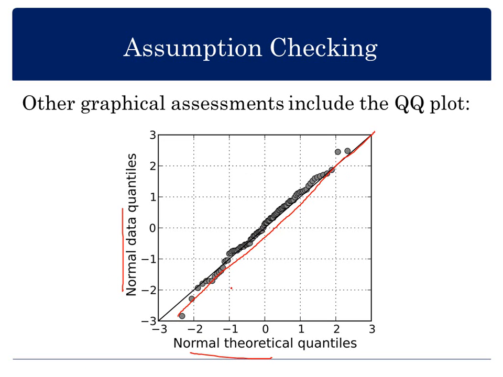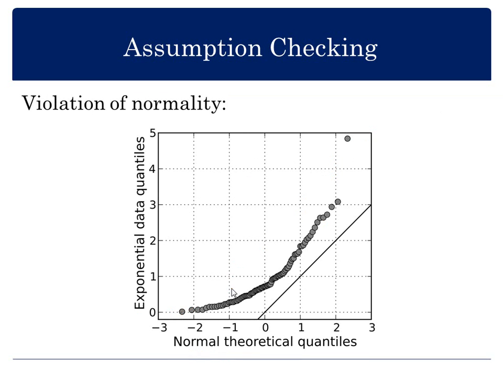This can be produced very easily in SPSS. You just have to ask for it. If I saw something like this, there's that straight line. This tells me that my true data and my assumption that it's normal really don't match up.